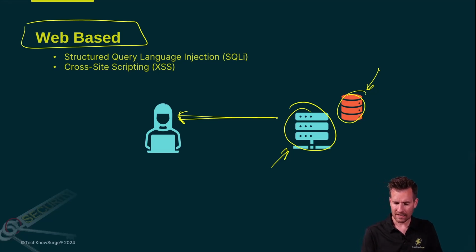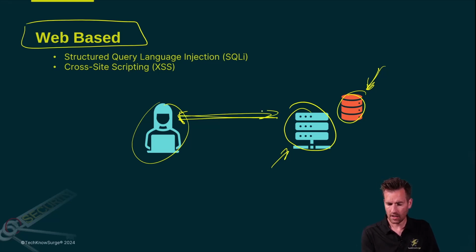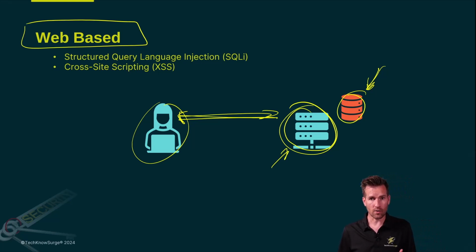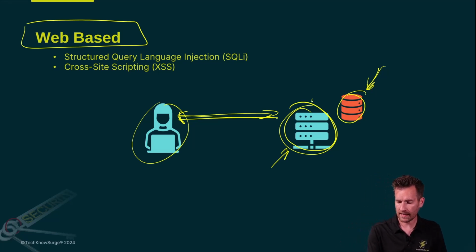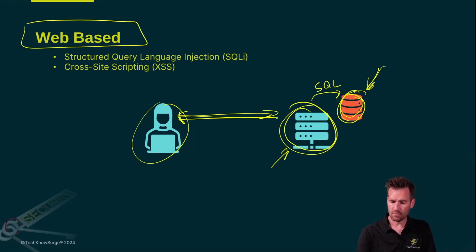And what will happen is the user is not supposed to interact directly with that database. Instead, the user makes a request to the servers, and then the servers take the code and figure out what the request should look like and send that via a language called SQL back to the database.